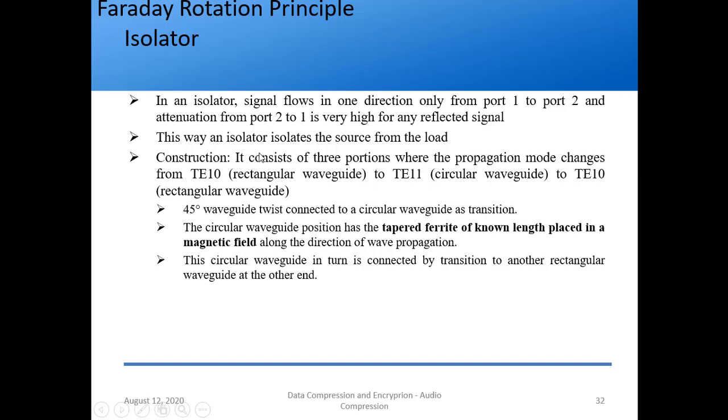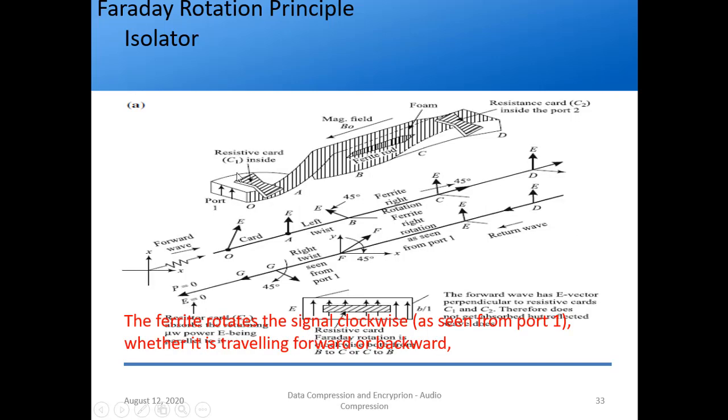So what is the construction? It is similar to the rotary vane precision attenuator. It consists of three portions where the propagation mode changes from TE10 rectangular waveguide to TE11 circular waveguide, and again to TE10 rectangular waveguide. So a 45-degree twist or waveguide twist connected to a circular waveguide is acting as a transition. So from this rectangular waveguide, a 45-degree twist is given. So this is inclined at 45 degree.